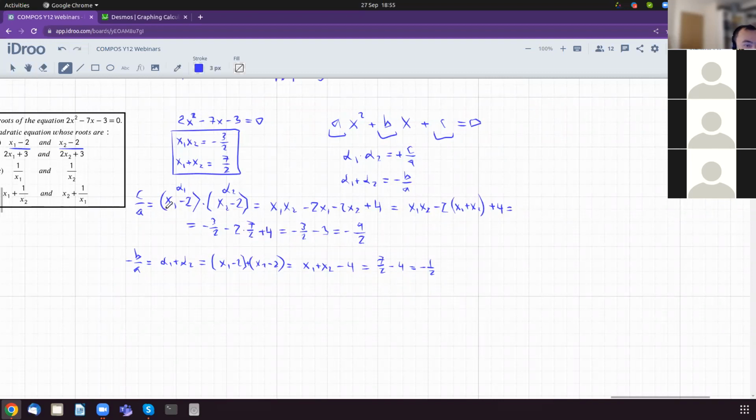And here we are. We have C over A equals minus 9 over 2, and we have minus B over A, which is minus a half.